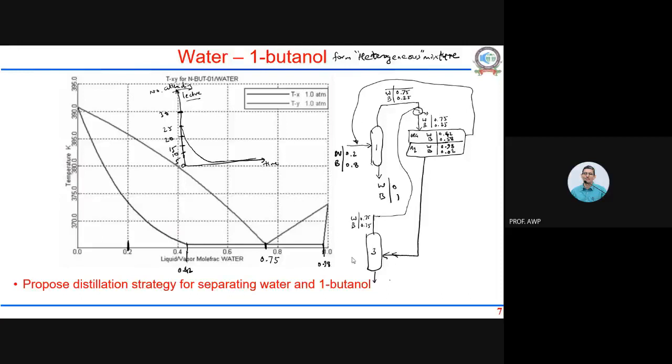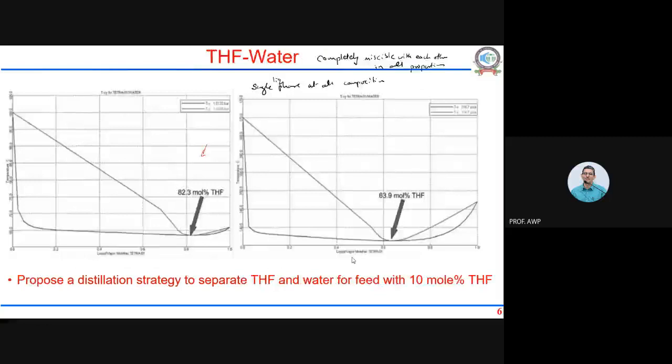Shall we stop for the day? What we will do in next class is we have looked at one method of separation, that is without adding a third component.